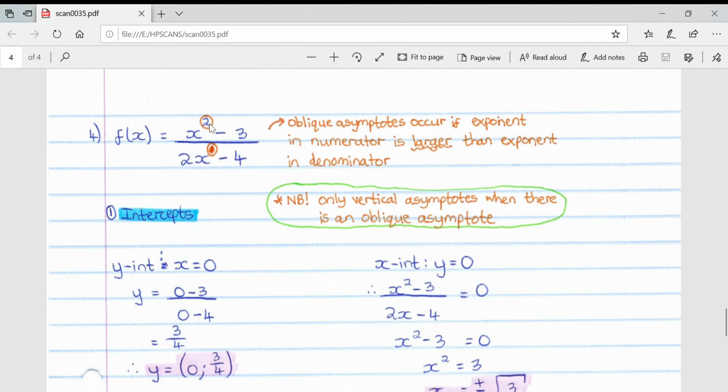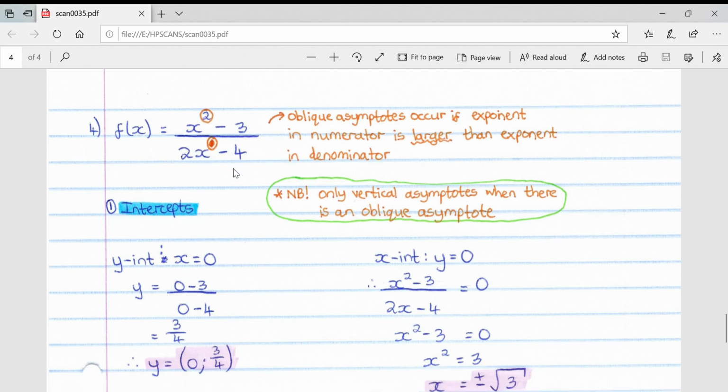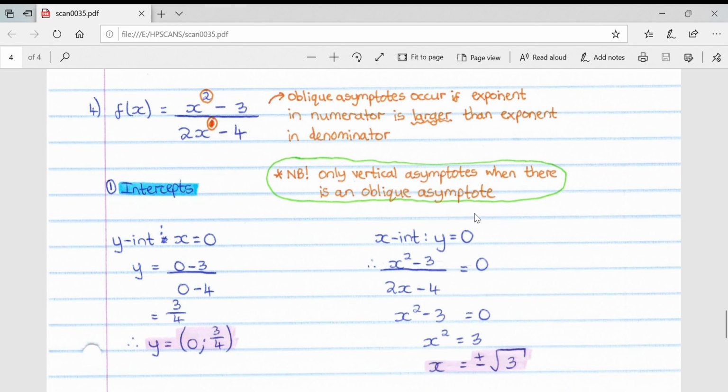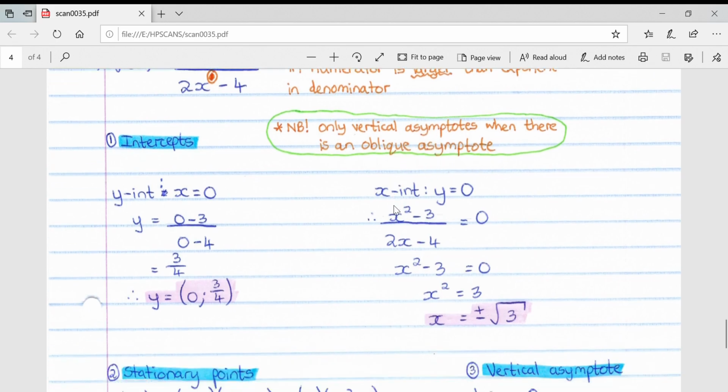I've got x to the 2 in the numerator, x to the 1 in the denominator, so I know I'm definitely going to get an oblique asymptote. Another very important note is that there are only vertical asymptotes when there's an oblique asymptote. There are no horizontal asymptotes with oblique asymptotes.